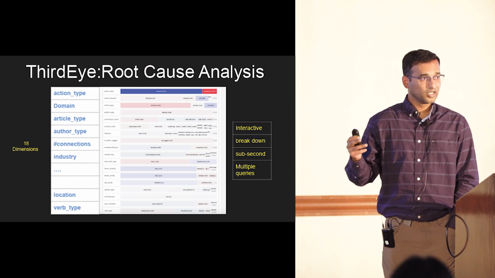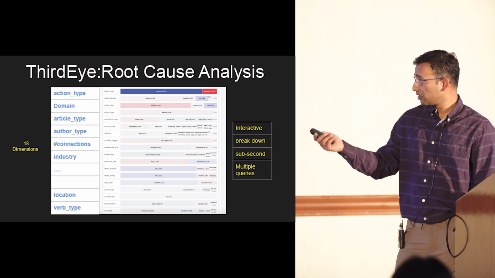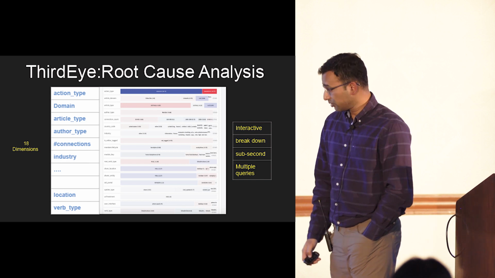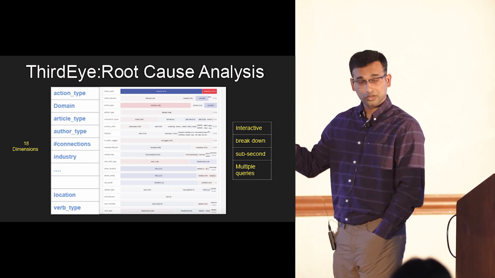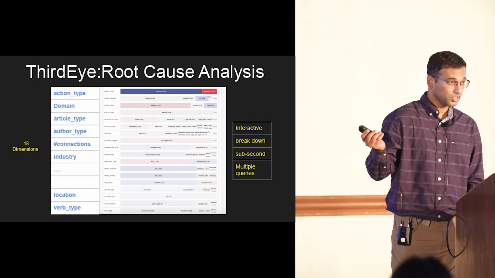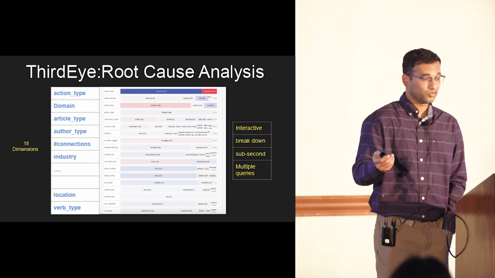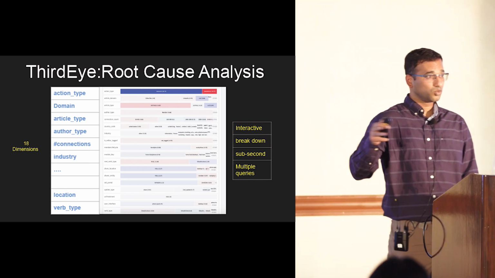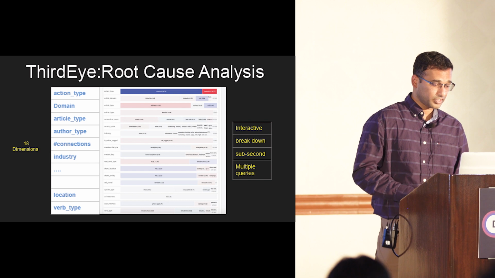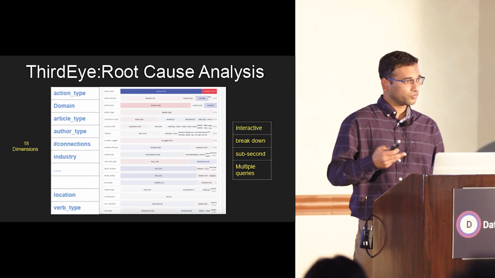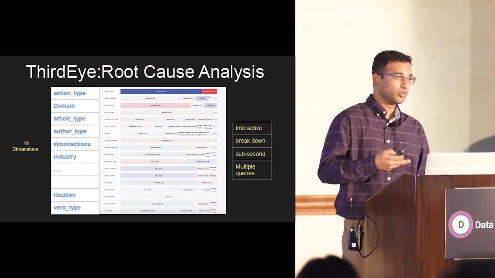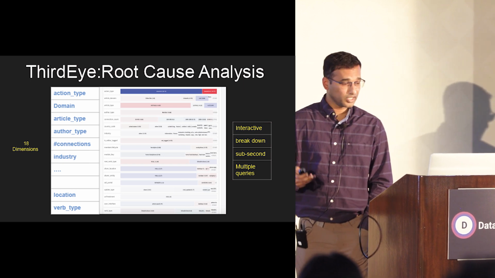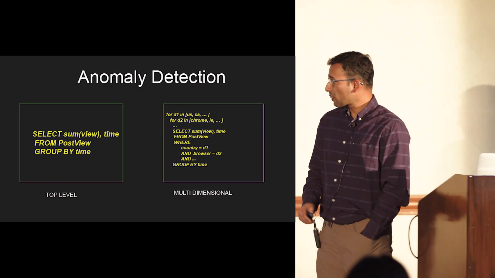It's not one query; you need multiple queries to render something like this. For every dimension, you can think of a different query, and then you have to do a group by across different times. So lots of queries are running, but with the ability that we have in Pinot, we are able to even solve this.